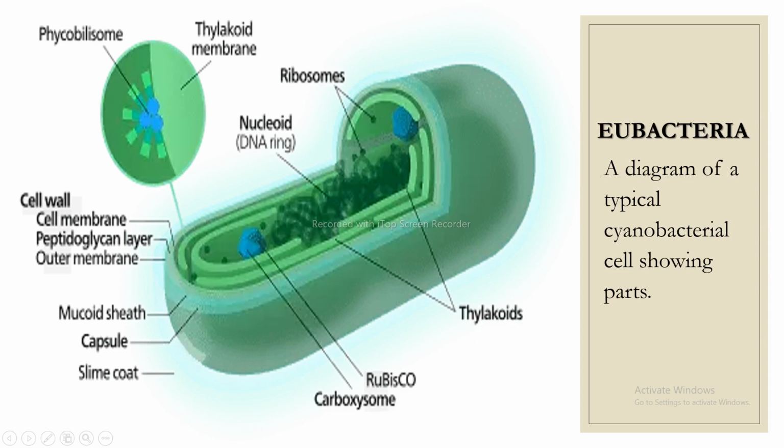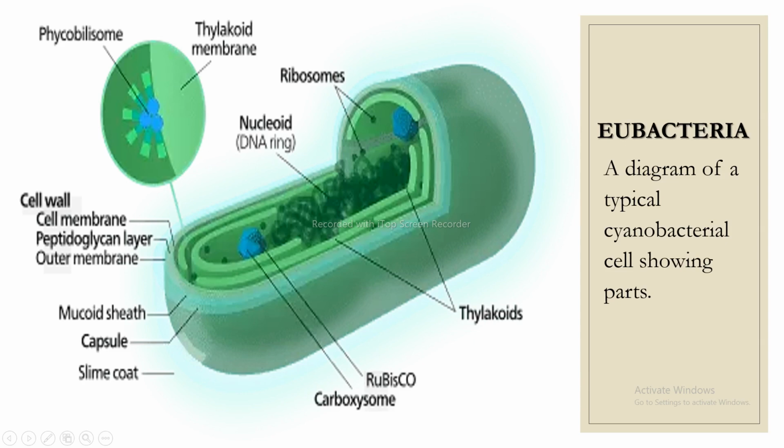The cell wall includes the cell membrane, peptidoglycan layer, and this is the outer membrane. And the next is the mucoid sheath.